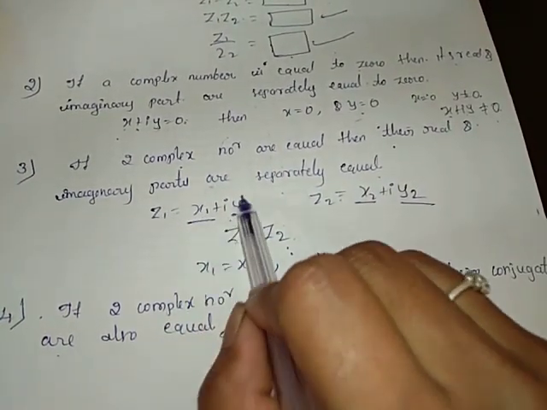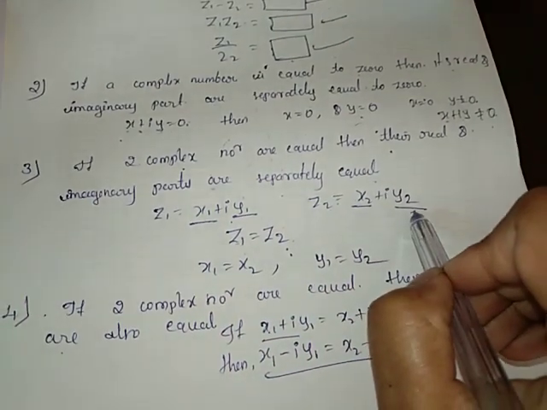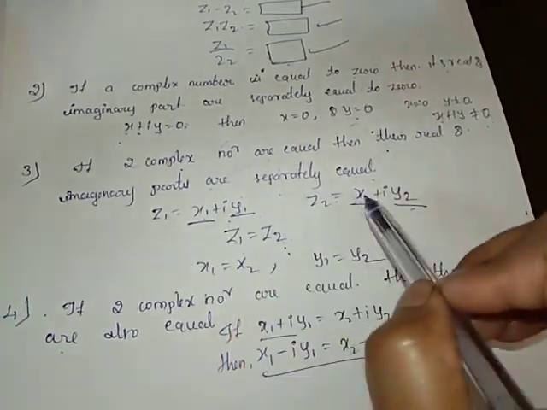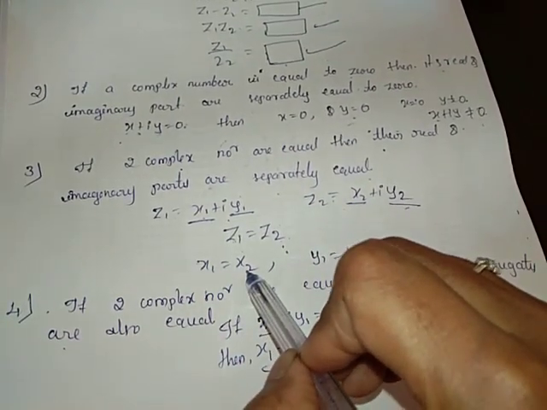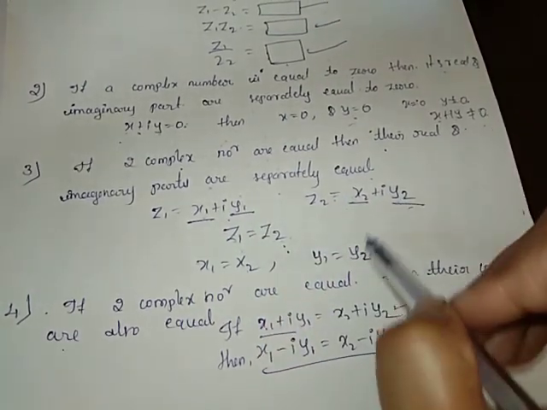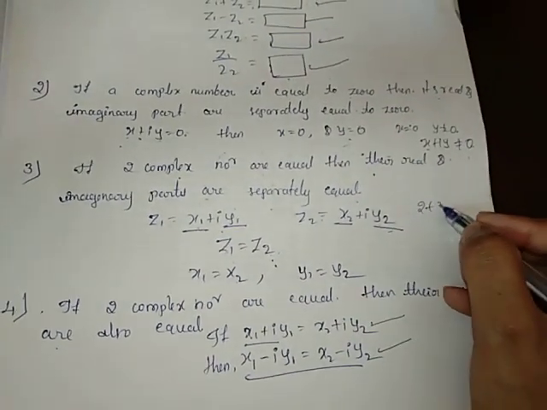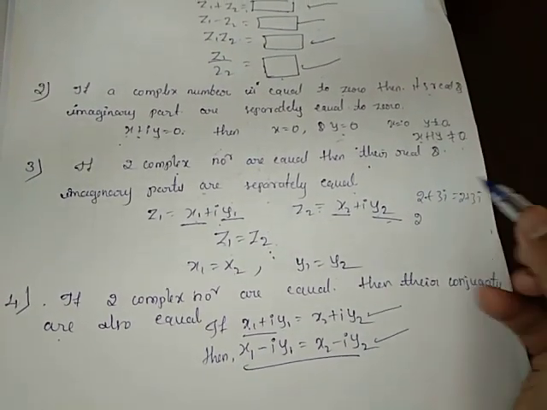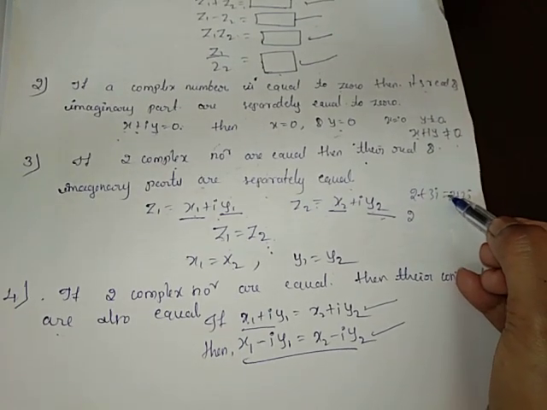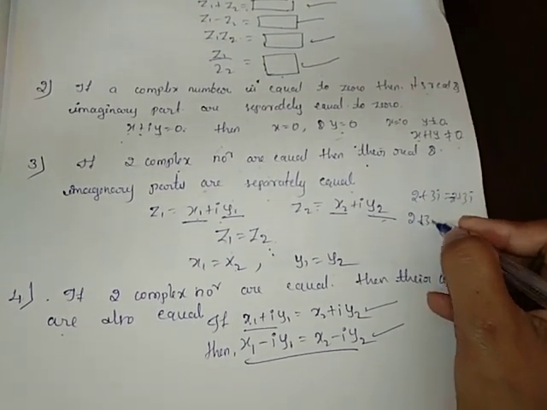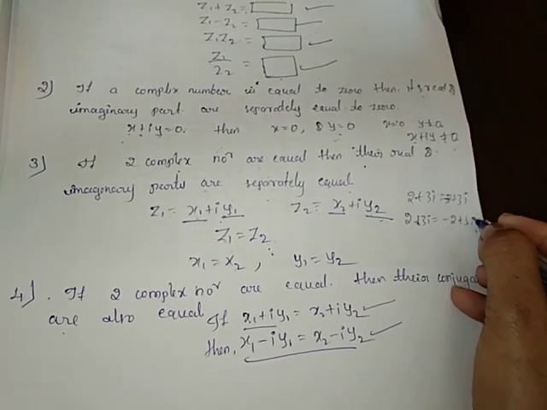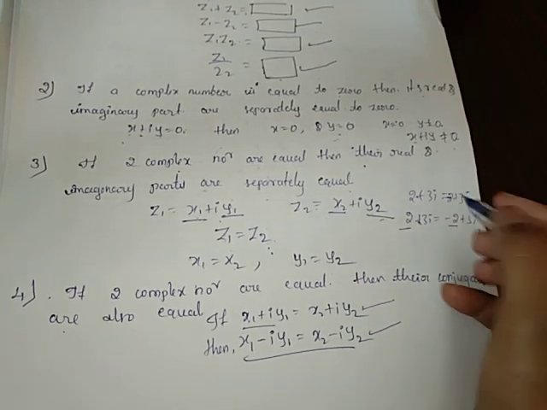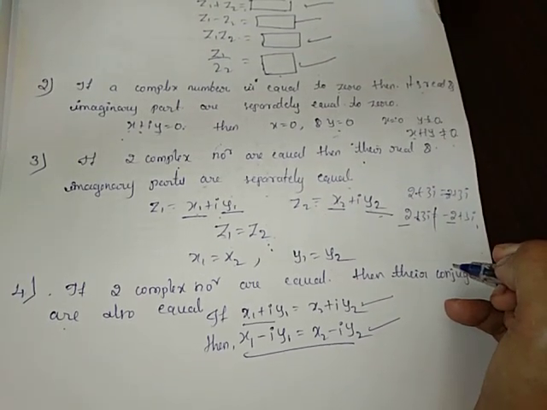If z1 equal to x1 plus iy1 and z2 equal to x2 plus iy2, then to say that z1 and z2 are equal, x1 should be equal to x2 and y1 should be equal to y2. For example, 2 plus 3i is equal to 2 plus 3i only. If any one term has a different sign, for example 2 plus 3i equal to minus 2 plus 3i, this will be a wrong statement because 2 is not equal to minus 2.